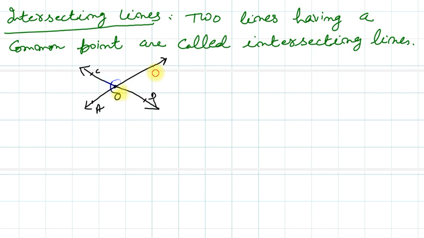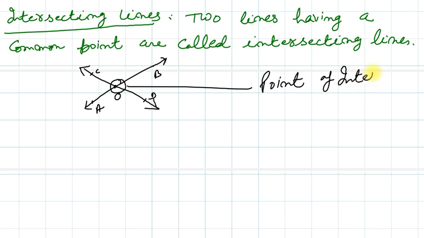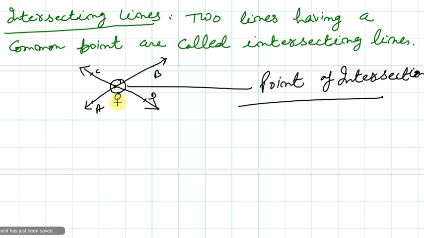Both these lines have a common point O. So this is called the point of intersection, right? These two lines AB and CD have a common point O, which is called the point of intersection.